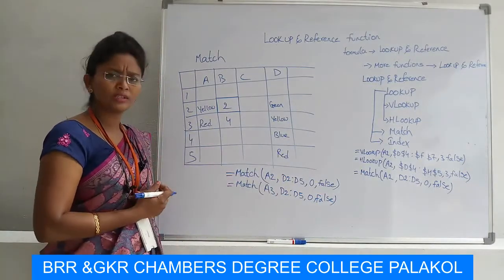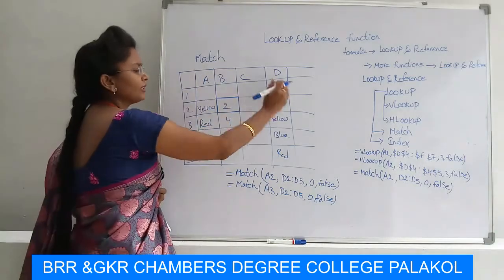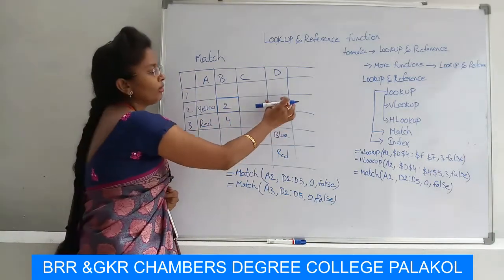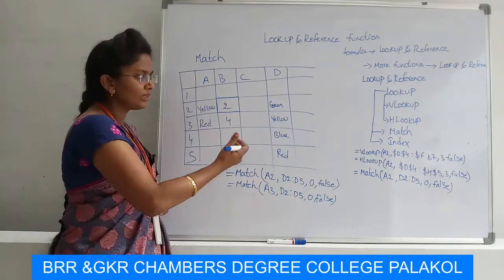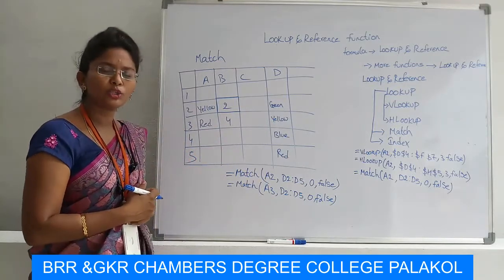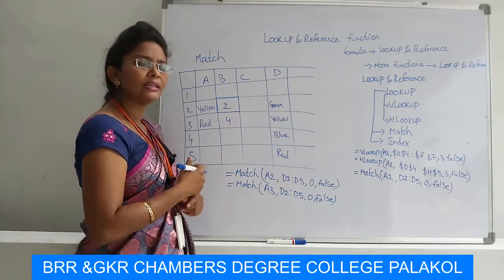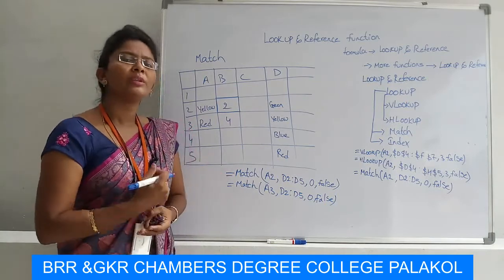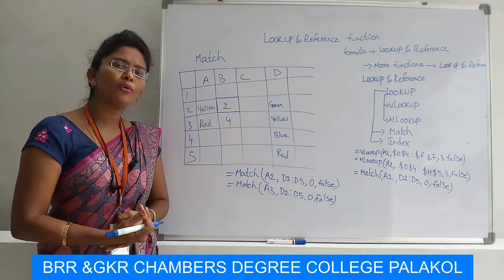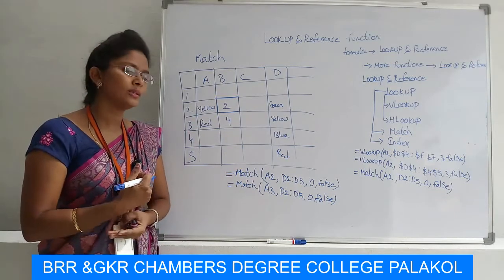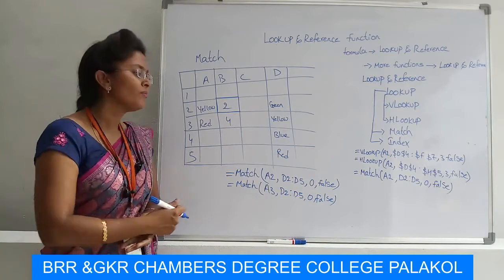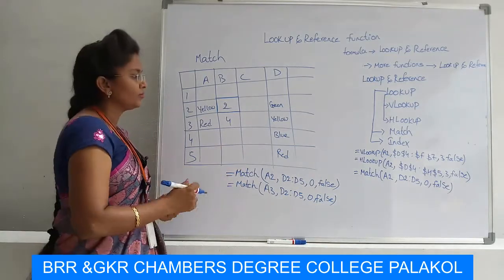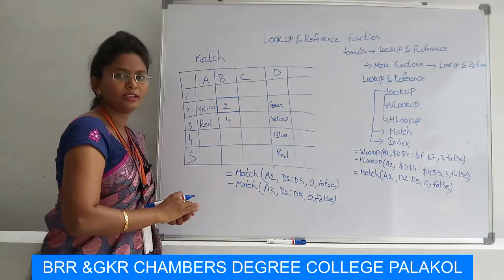Why I didn't lock the cell references is that in the entire worksheet, I entered only one type of data here. But in the previous one, in VLOOKUP and HLOOKUP, I entered the data as ID, brand and product. There could be a change of reference IDs if I didn't lock those cells. That's why I locked those cells, but here it is not necessary. That's why I didn't lock them here.